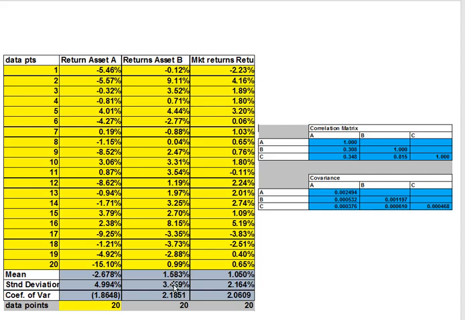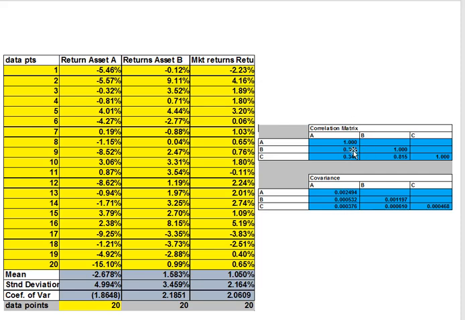Berkshire Hathaway averaged 1.58% per month, and the Wilshire was 1.05. You can also see the standard deviations. We see that Coors has the highest standard deviation. And we also see that, relatively speaking, it appears that Berkshire Hathaway has the greater coefficient of variation. So it shows as relatively riskier.